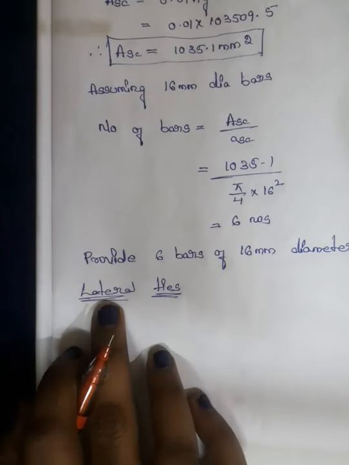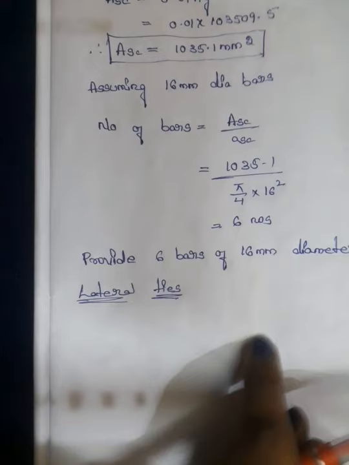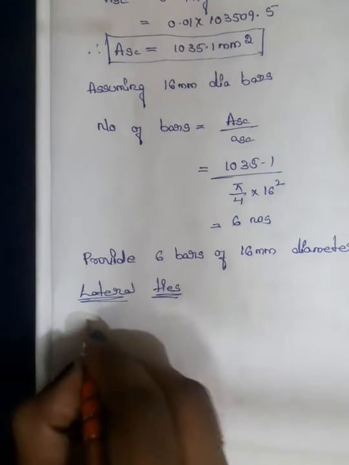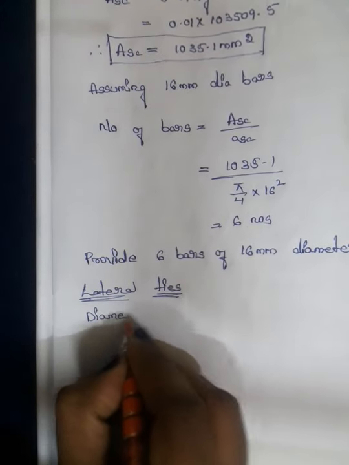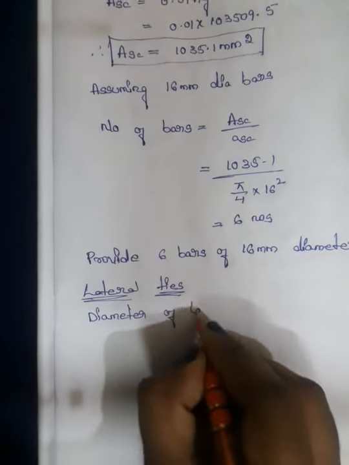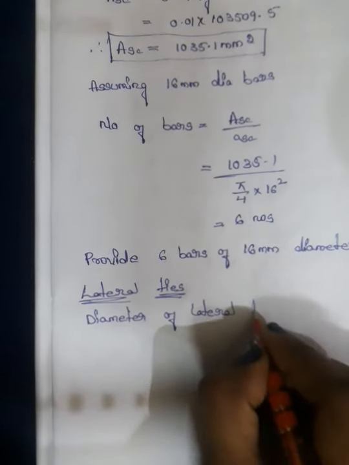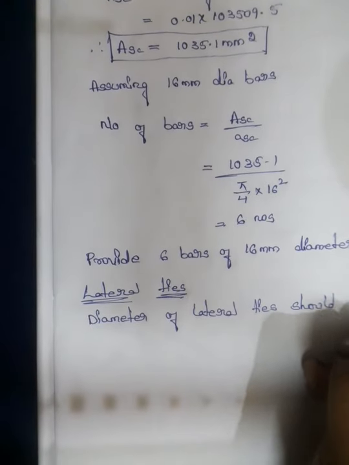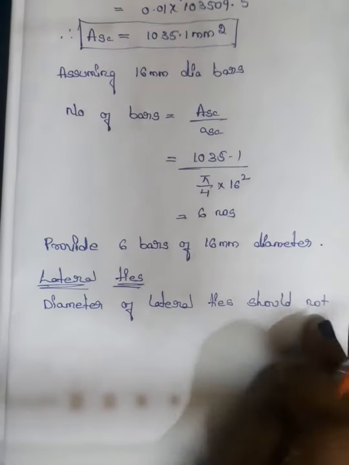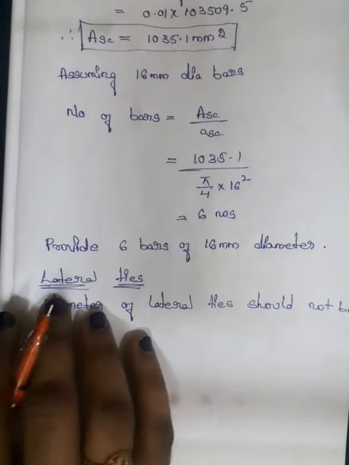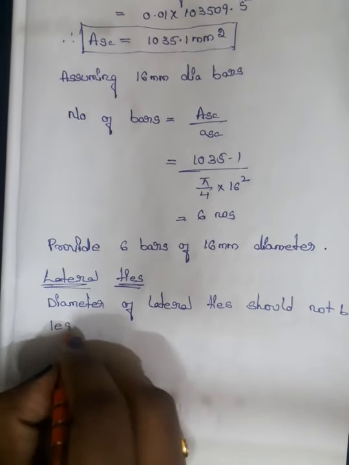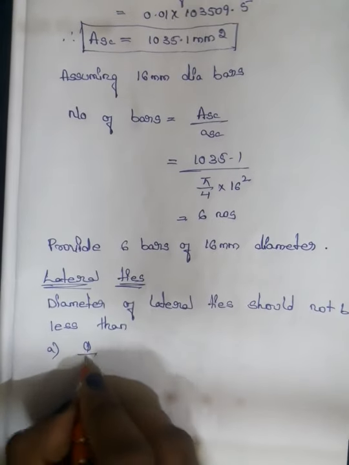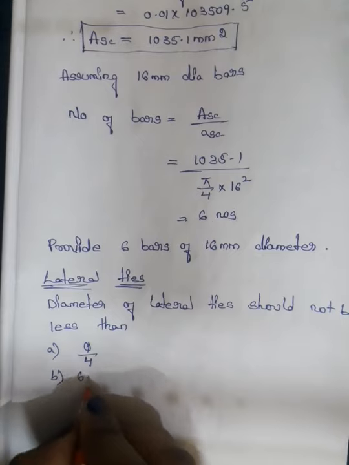So in lateral ties, what do we want? We want the diameter of the lateral tie and we want the center to center distance of the lateral ties. So first we'll find the diameter of lateral ties, which should not be less than dia by 4 and 6 mm.